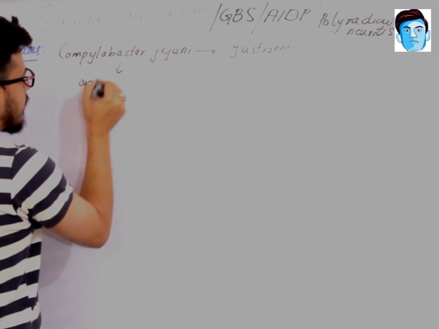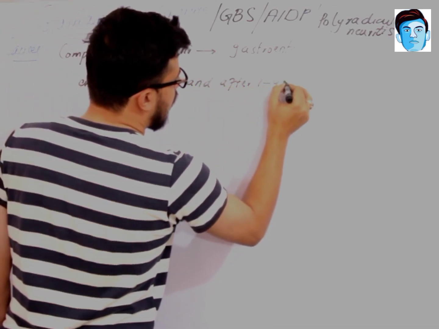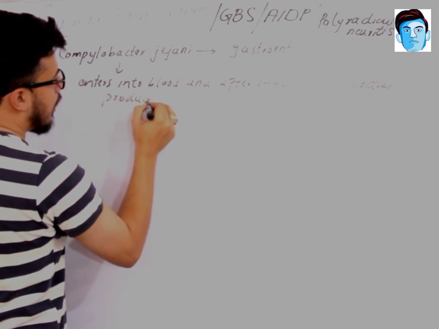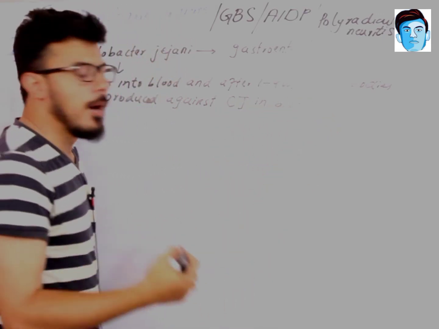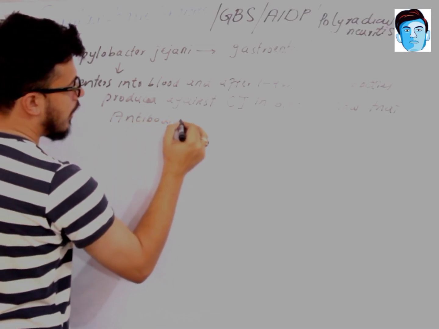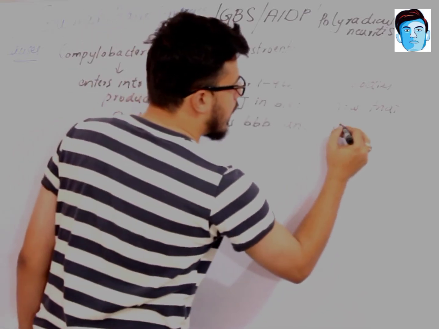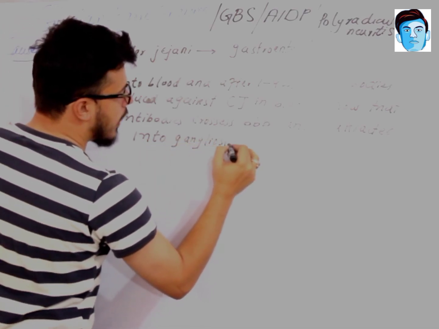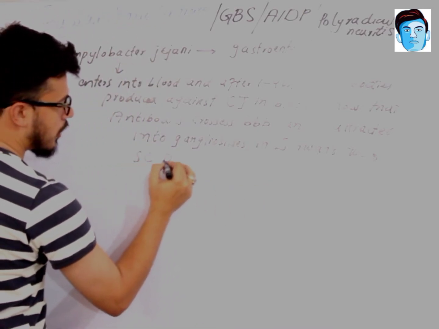Now, how does Campylobacter jejuni cause GBS? Actually, Campylobacter jejuni enters the blood, and after 1 to 4 weeks antibodies are produced against it in the blood. Those antibodies cross the blood-brain barrier and are attracted to the gangliosides and Schwann cells, which leads to Schwann cell destruction.